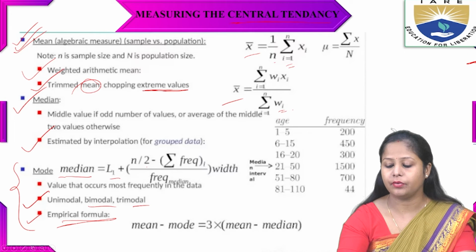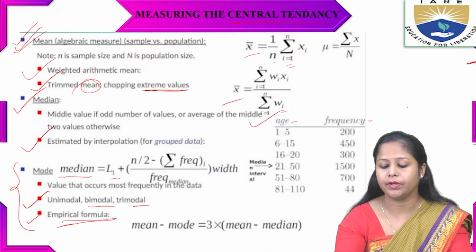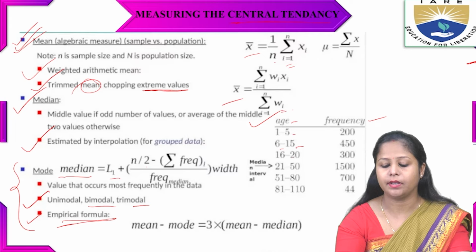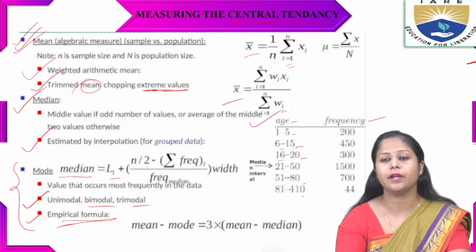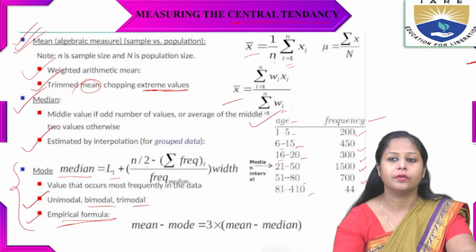So in this example of median, we have age and frequency. In age, we have the values 1 to 5, 6 to 15, 16 to 20, 21 to 50, 51 to 80 and 81 to 100. And for frequency we have 200, 450, 300, 1500, 1500, 700 and 44.